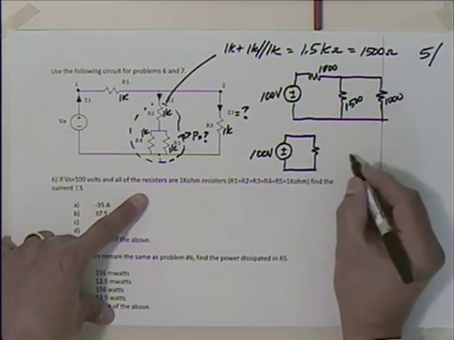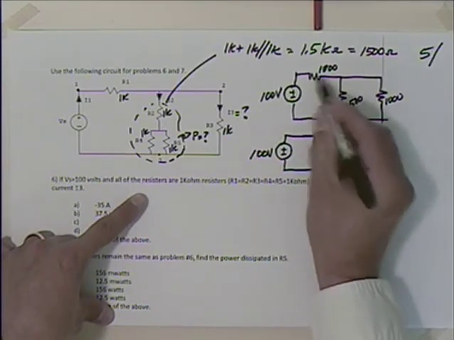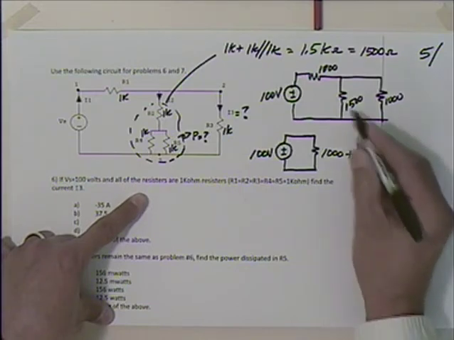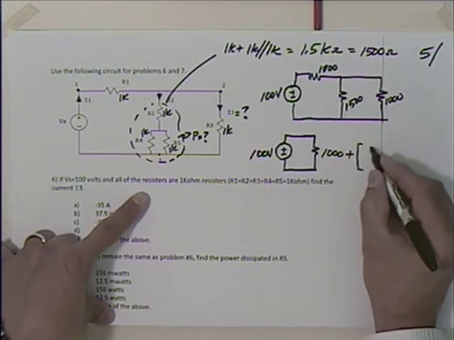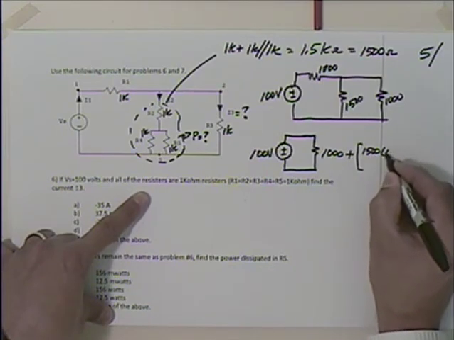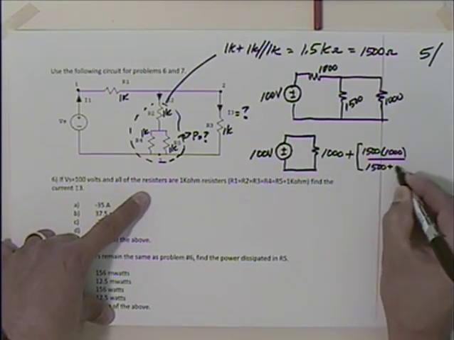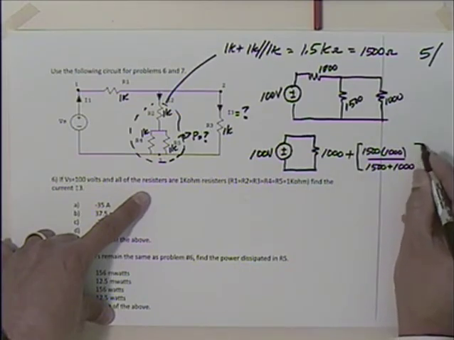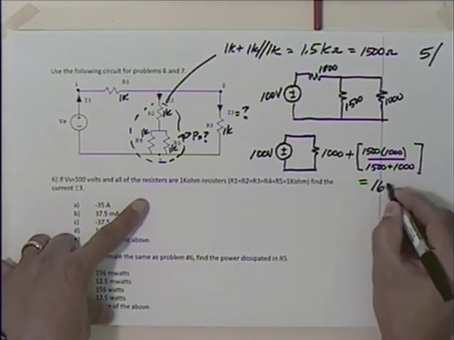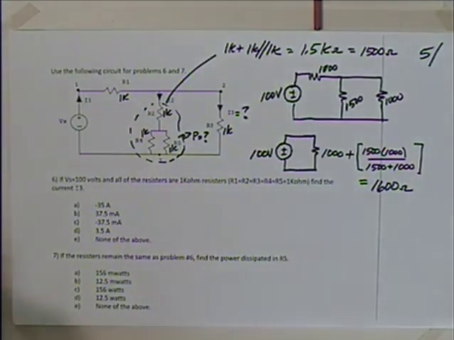Those two are in parallel, so I'm going to say 1000 plus, because the parallel combination is in series with that. And then how do I handle those in parallel? Product over sum. 1500 times 1000 divided by 1500 plus 1000. So that turns out to be equal to 1600 ohms. Let me double check that. I think that's correct.